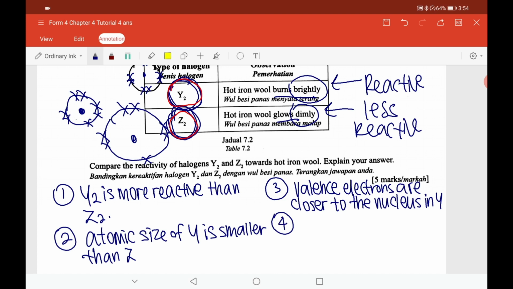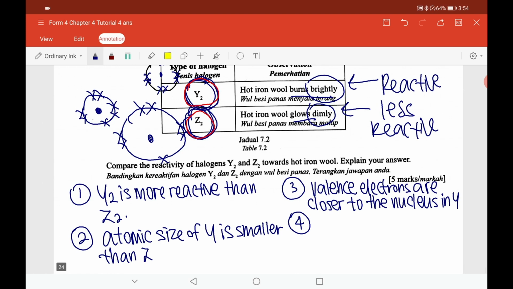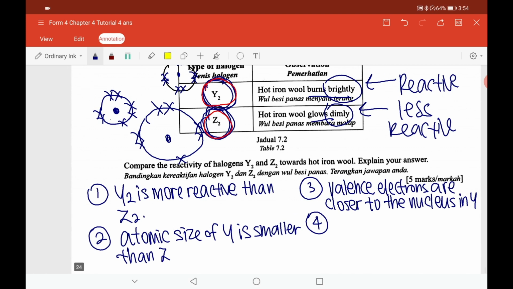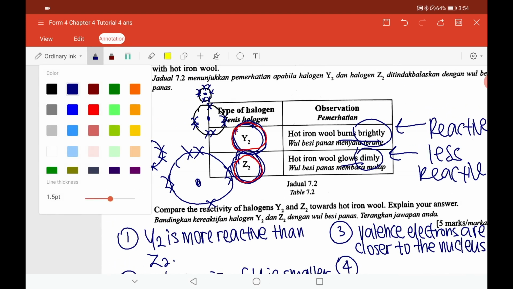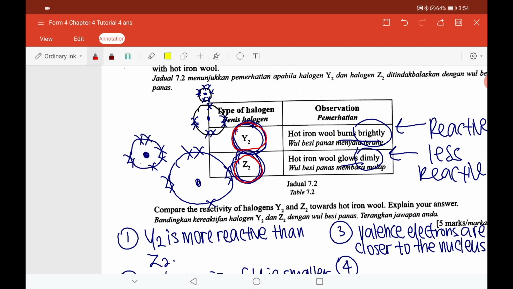After that, you need to mention what? After you mention the valence electron, you need to talk about nuclear attraction. Remember, for group 17, you need to receive one electron to be stable, so you need to let the nucleus pull one extra electron from outside.